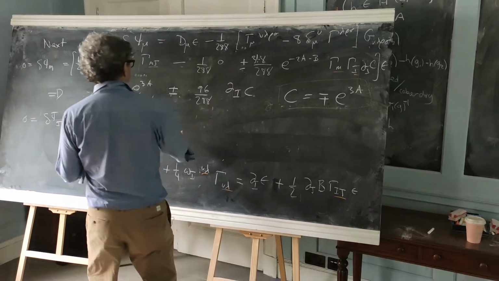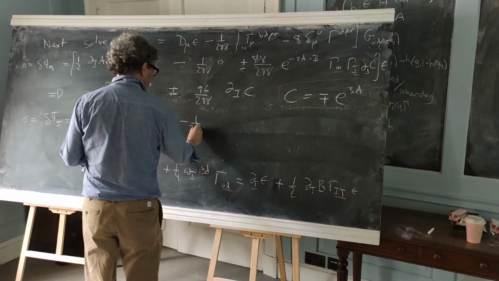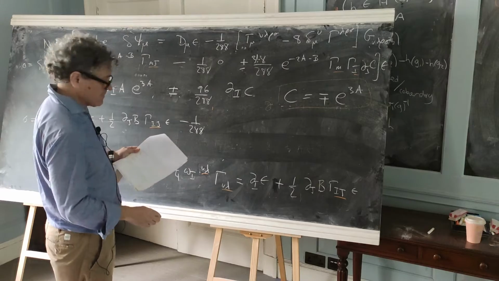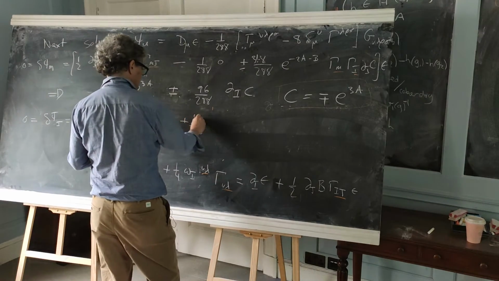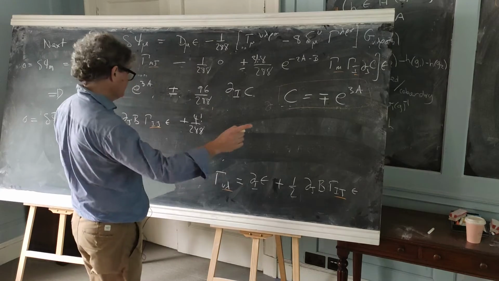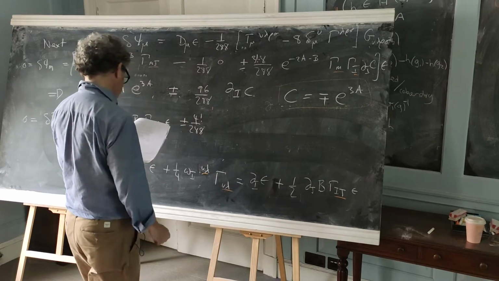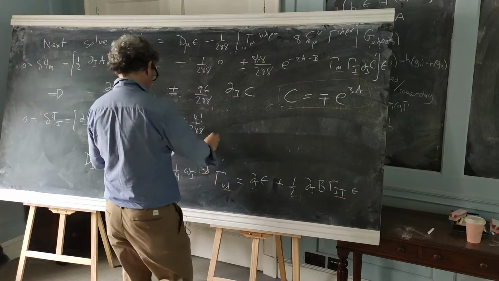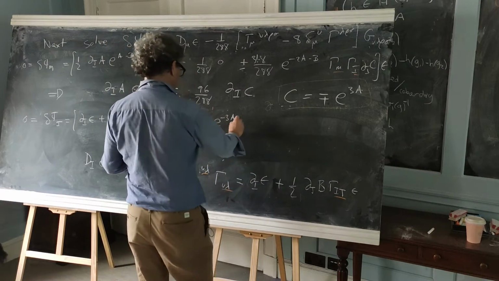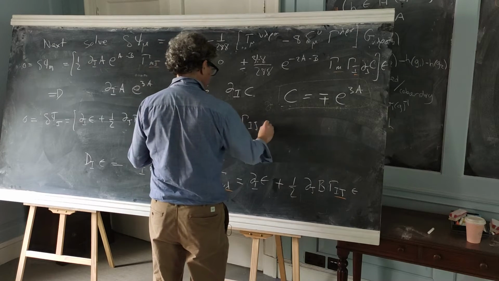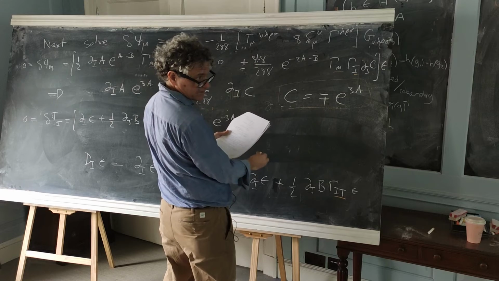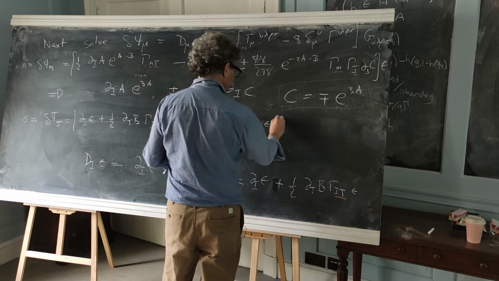So the minus 1/288, and the first one is going to give me a minus 4 factorial, so plus or minus 4 factorial, e to the minus 3a, is it? Yes, gamma ij epsilon. And then there must be a derivative djc.